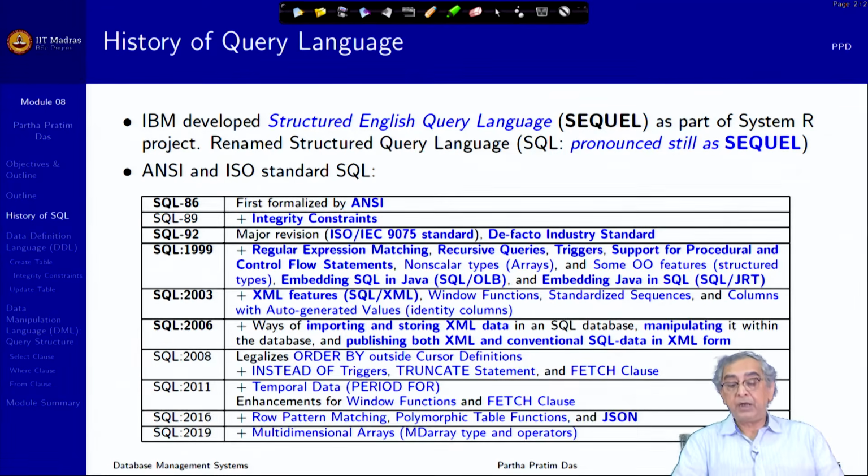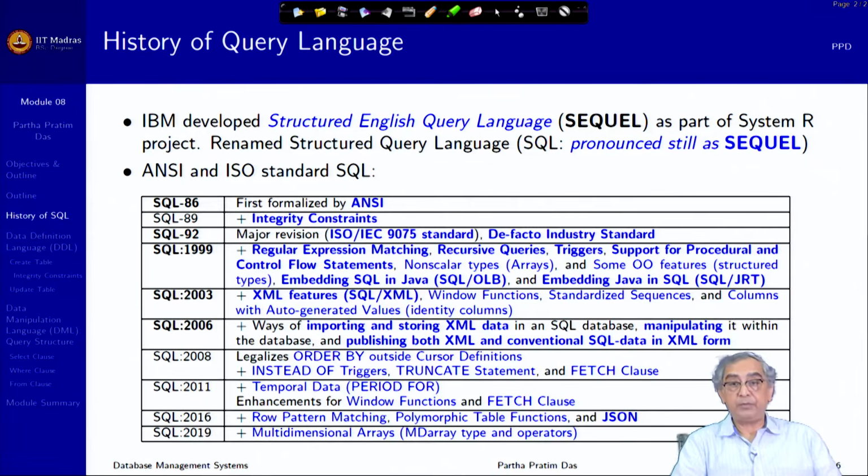Then triggers, support for procedural and control statements, which are SQL as I mentioned, or query languages as I mentioned are declarative, but some procedural support is also provided, arrays, structured types, and most importantly, first a formal embedding mechanism was given in SQL, so that you can embed SQL queries in Java, which is called SQL OLB, and you can embed Java in SQL, which is called SQL JRT.